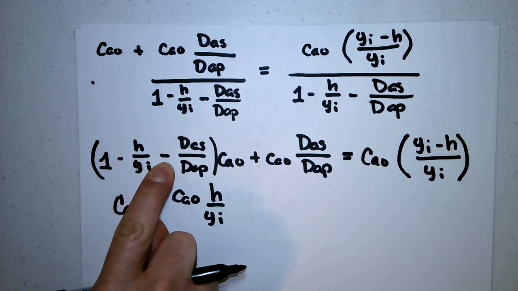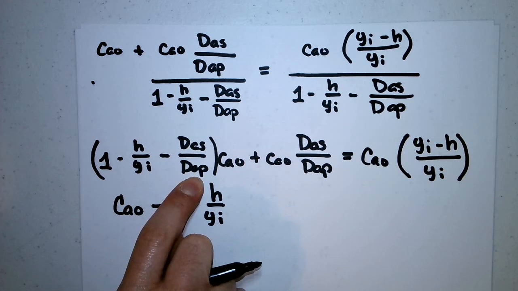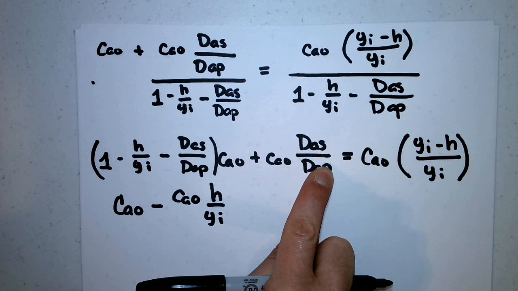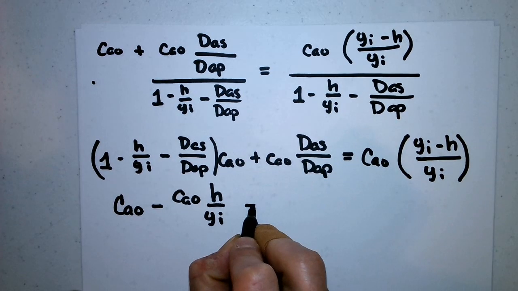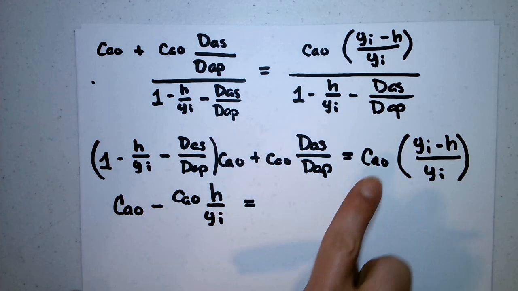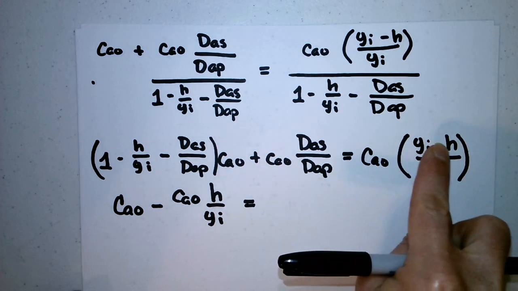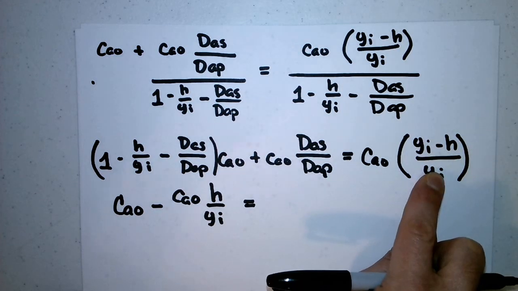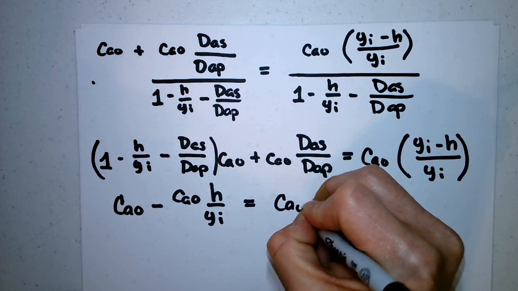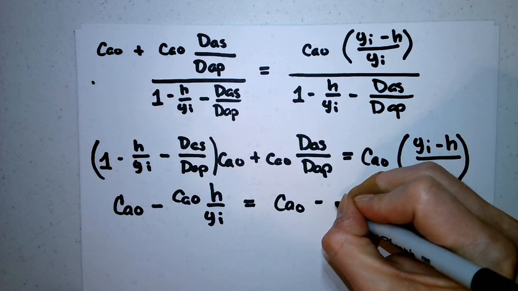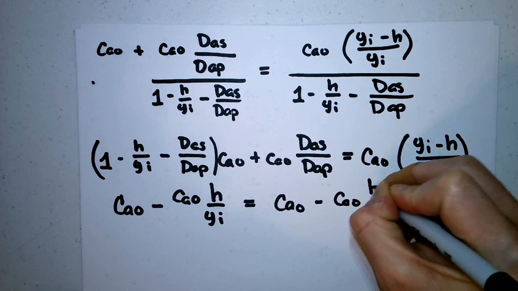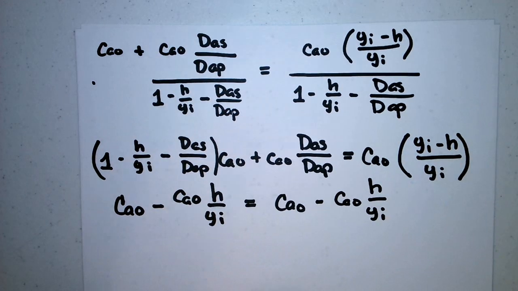Then we'll have minus Ca naught times this ratio plus Ca naught times this ratio. That's going to cancel, so that's all we have. And if we distribute this, we get Ca naught times yi minus yi is 1 minus Ca naught times h over yi. All right, and we do see that the left and right hand side are equal.